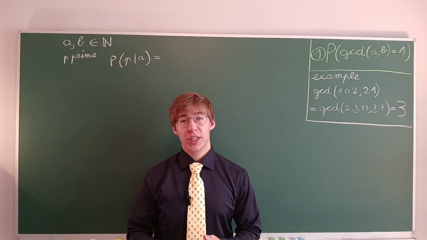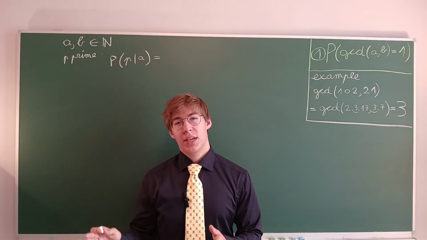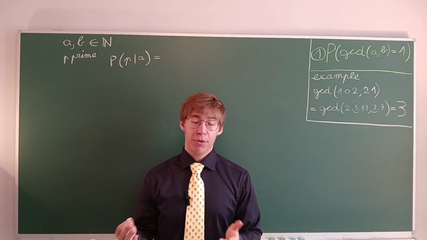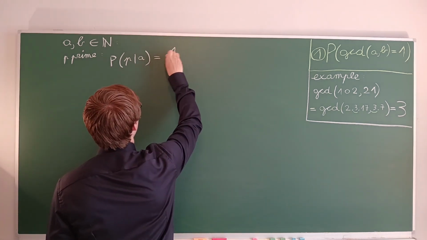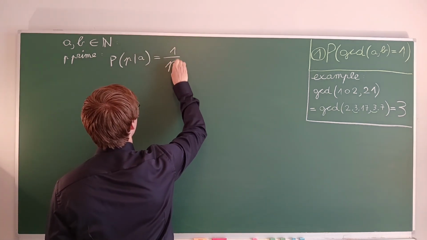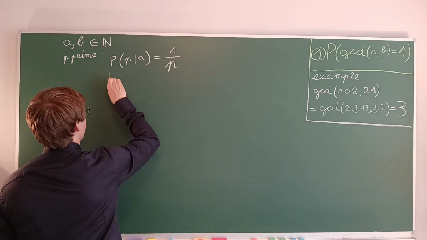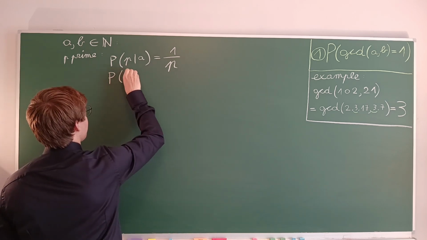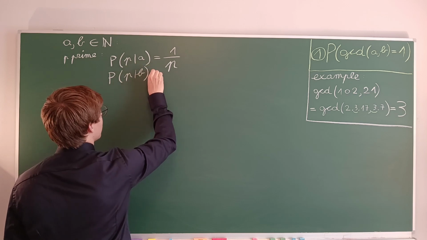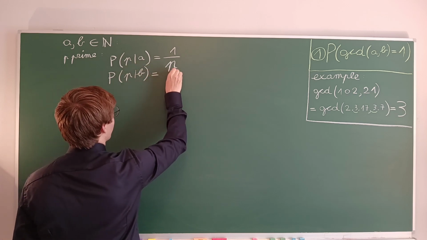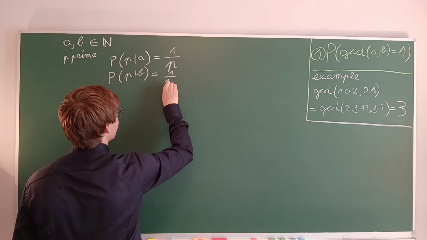Now, if you think logically about this, of p consecutive integers, 1 will be a multiple of p. So this is equal to 1 over p. And the same for b. The probability that p divides b, with p a prime, is also 1 over p.